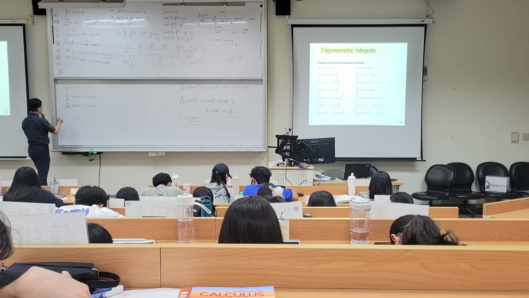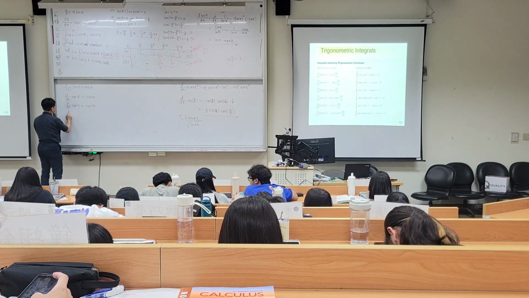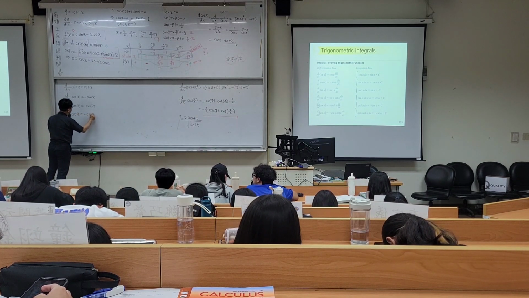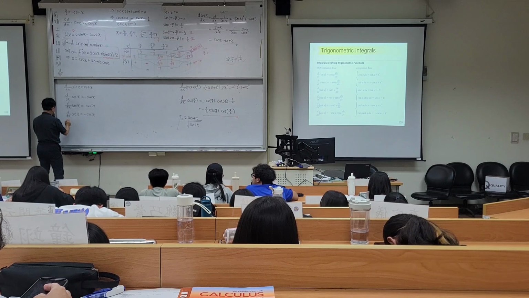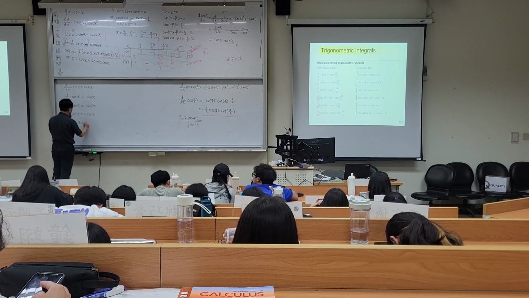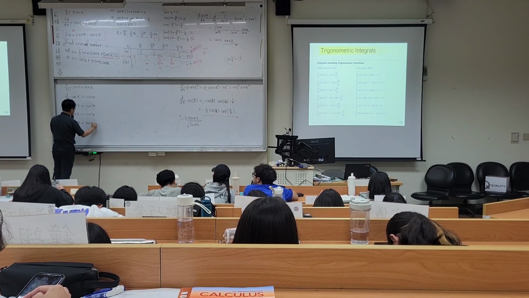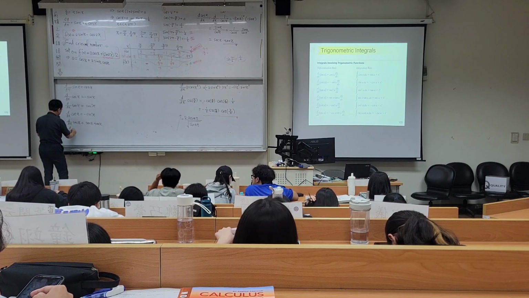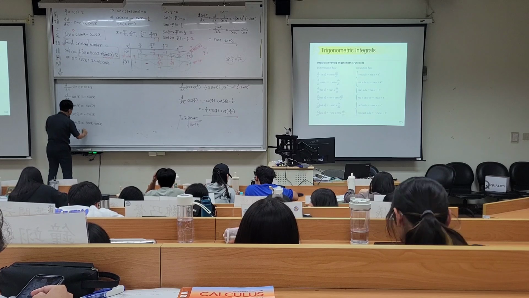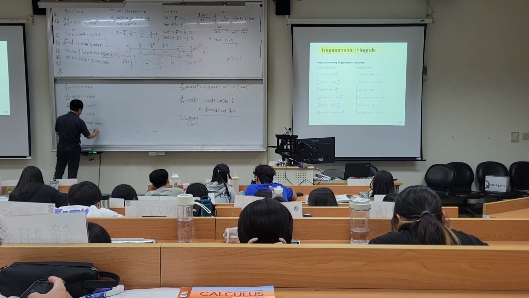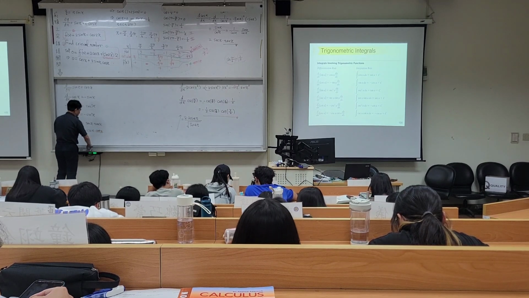Then cotangent: you see minus cosecant squared. And the derivative for secant x will be secant x tangent x. For cosecant, it's minus cosecant x cotangent x.